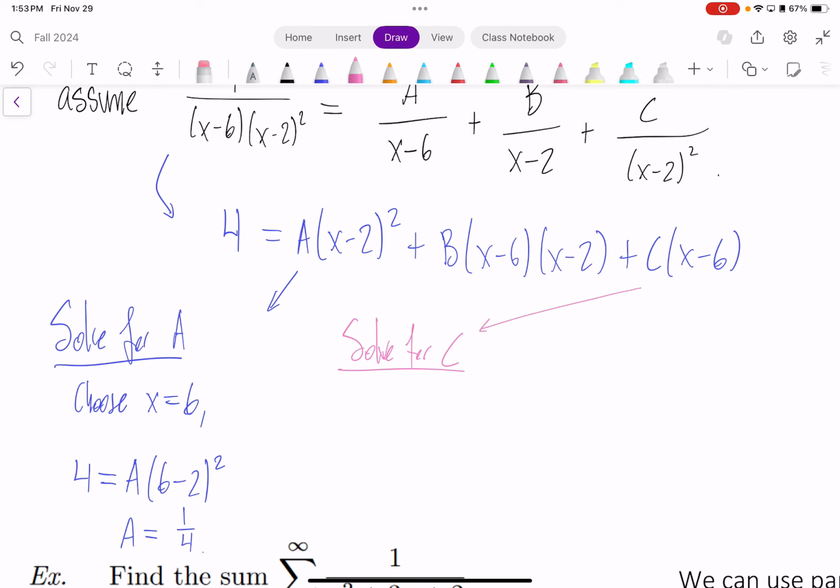The reason why is because we're going to use our values for a and b to solve c later. So solve for c. What value could we choose x to be? 2. Very good. Thank you. So we'll choose x equal to 2. Then we'll have 4 equals c times 2 minus 6. So c is going to be equal to -1.